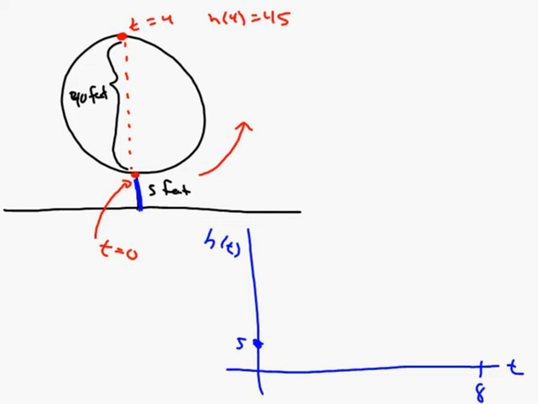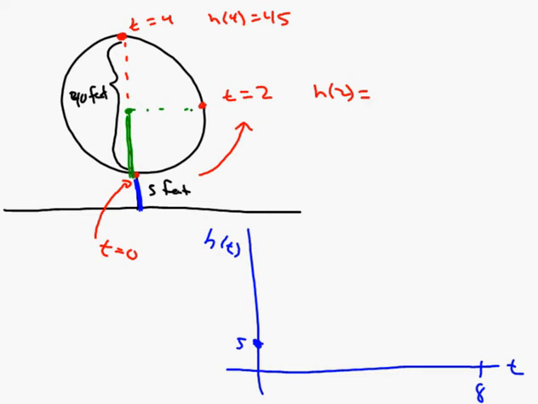Okay? Here's another interesting point. Here, that's a quarter of the way around the circle, a quarter of the way around the ride. You'd expect time to be 2 at that point. And h of 2, I don't know it right away, but a little bit of thinking will get it. We know we're halfway up the circle. So we want that green distance plus the blue distance below it.